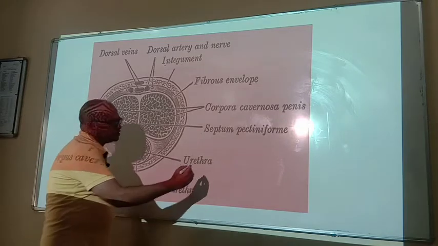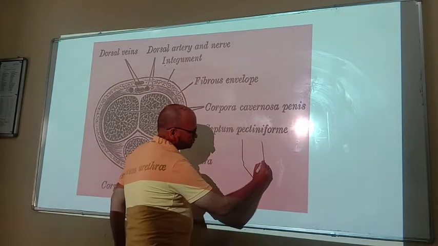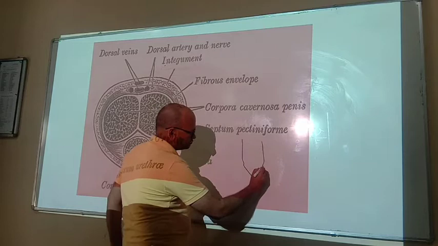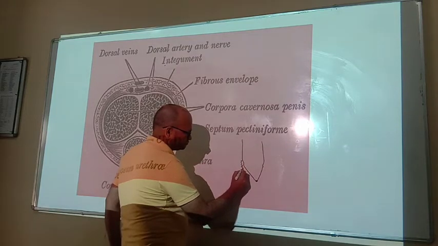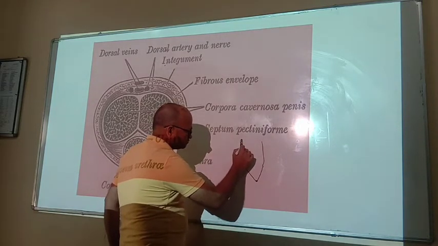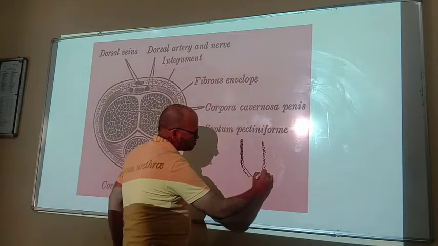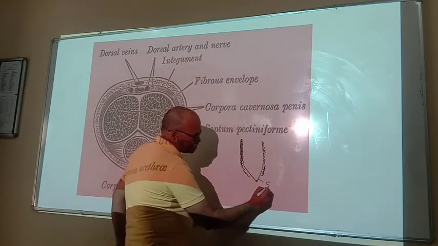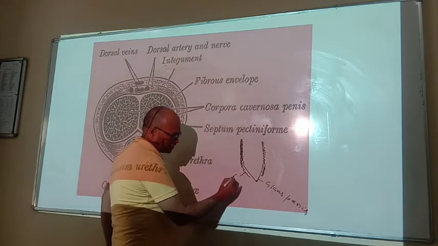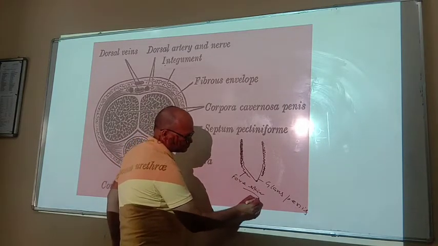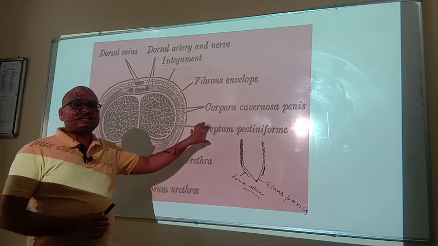Now we can see this structure: this is the glans penis, and this foldable skin is the foreskin. So this is all about the external genitalia of the male.